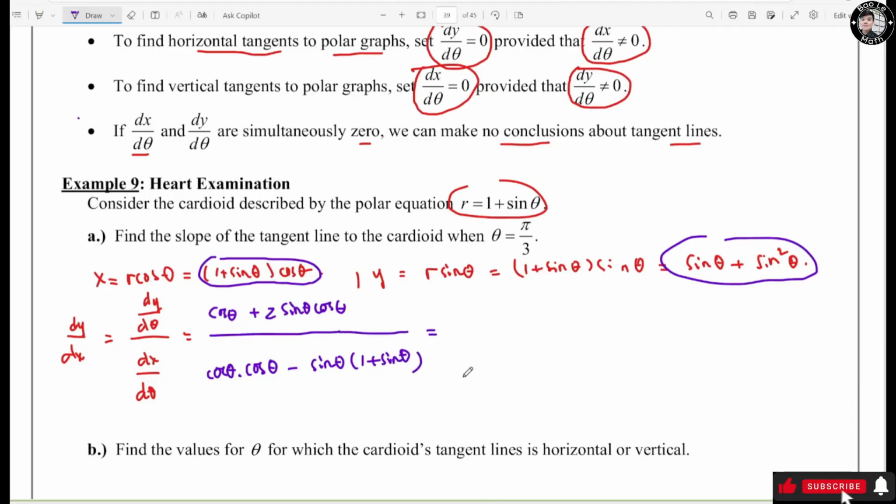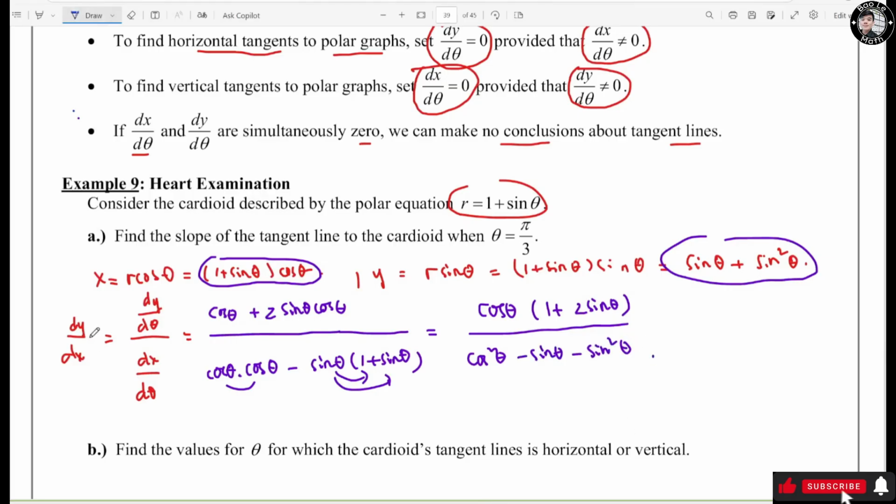Now I'm going to simplify the top. I'm going to factor cosine theta out. It's going to be 1 plus 2 sine theta. I'm going to multiply this one, then distribute this one, so it's going to be cosine squared theta minus sine theta minus sine squared theta.